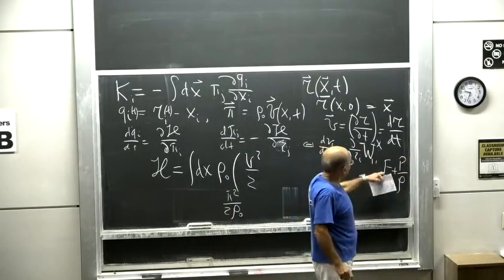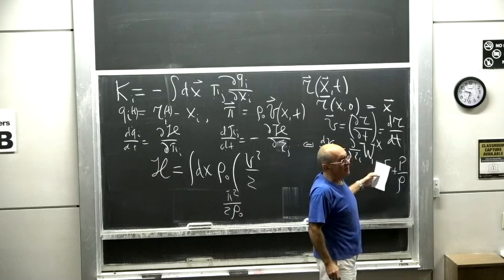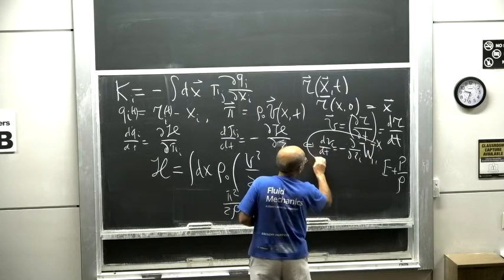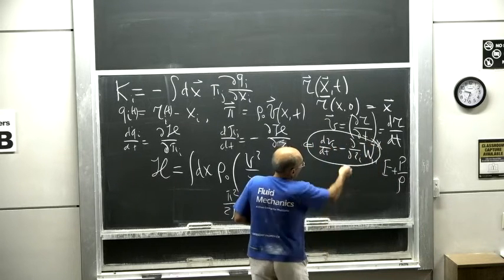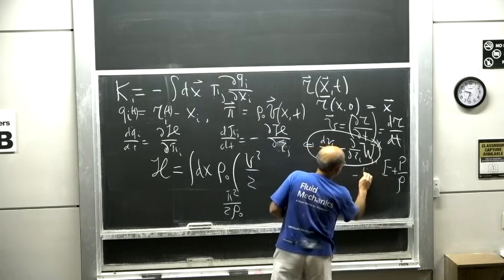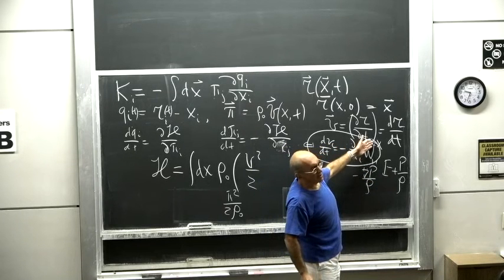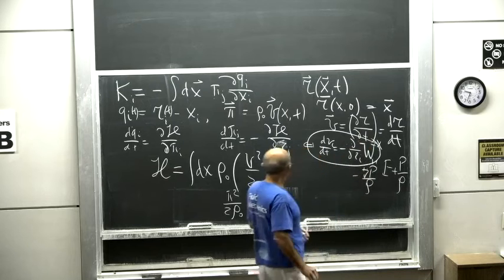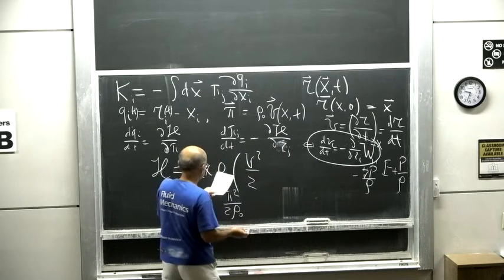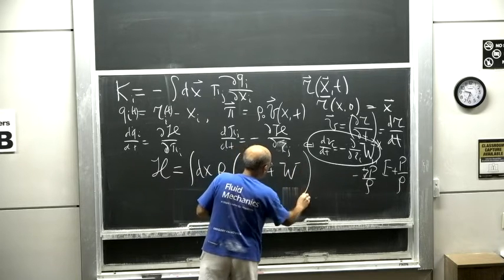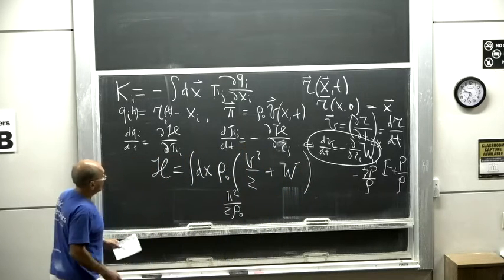For incompressible fluid, it will be just P over rho. Sorry, it's the Euler equation: minus grad P over rho. And for the enthalpy case, of course, this would be plus W. So that's my Hamiltonian.